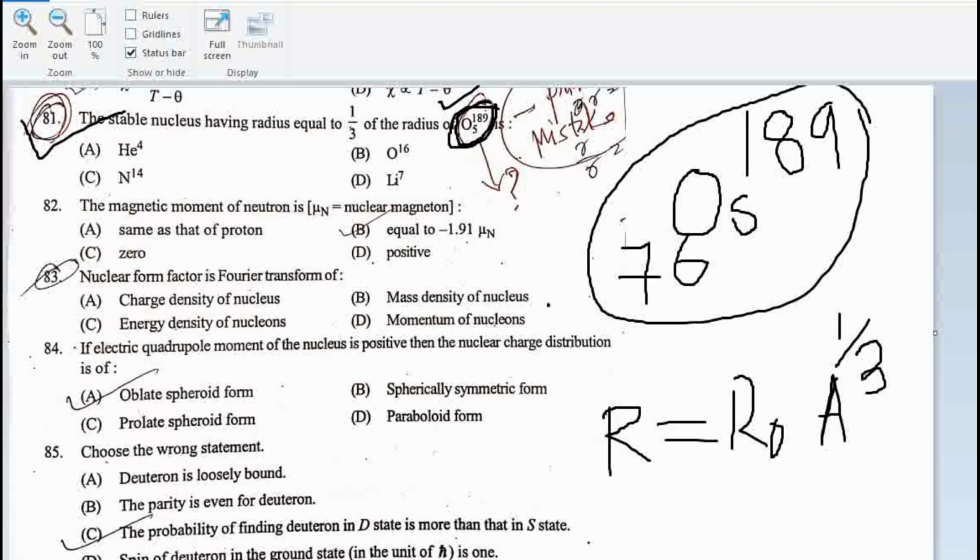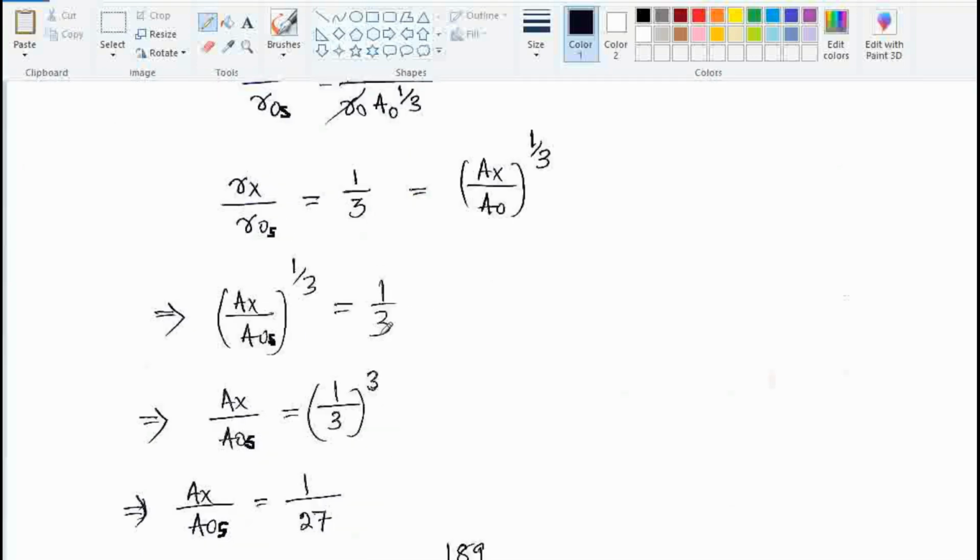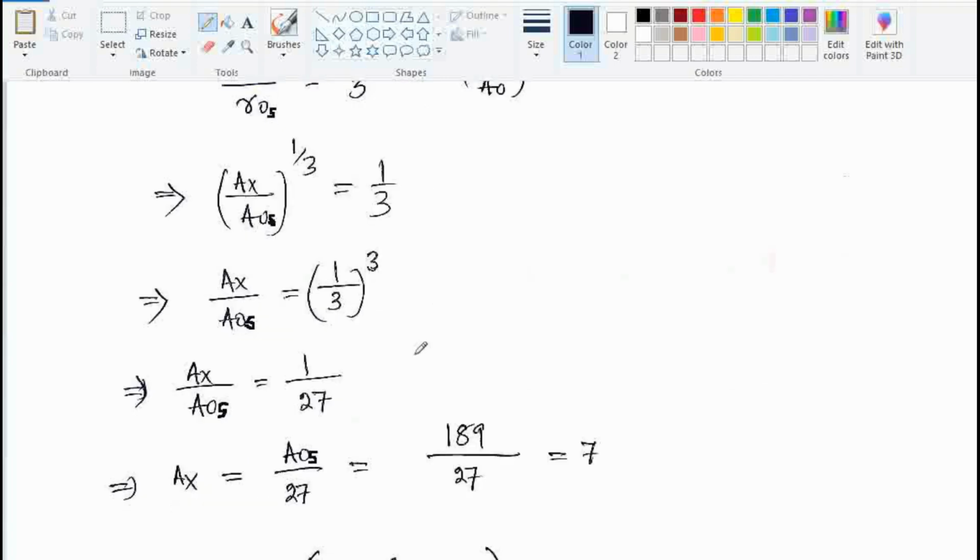If you see the solution, Rx by Ros, where Rx means the radius of the unknown element that we want to find in this question, and Ros is the radius of osmium. The radius of osmium we can calculate because the mass number is given as 189. So you put it here and make the ratio, and the ratio is given as 1 by 3. Then it is a simple calculation, the derivation is here.